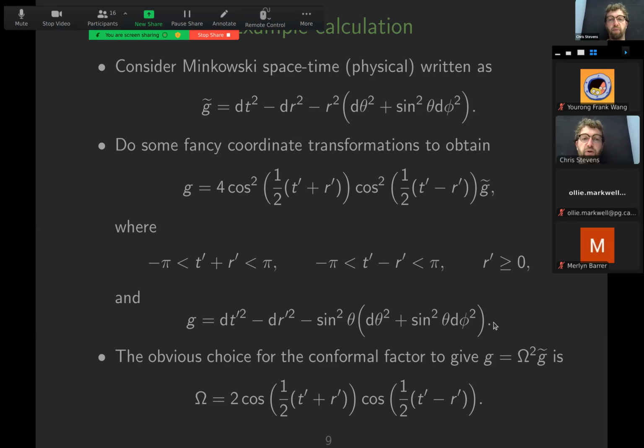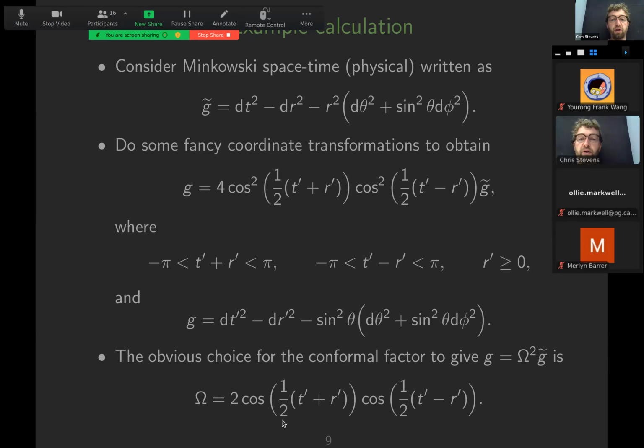That was what Einstein was originally looking at for a cosmological model back when they thought the universe was static. And so it turns out that, if we take this, it is of the form g equals some function squared times g twiddle.